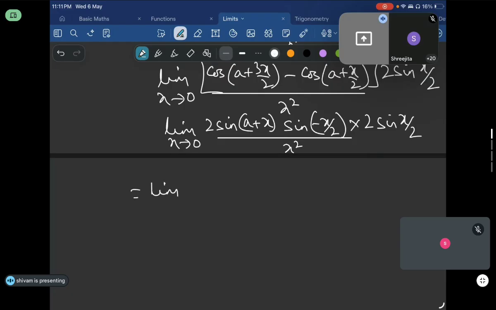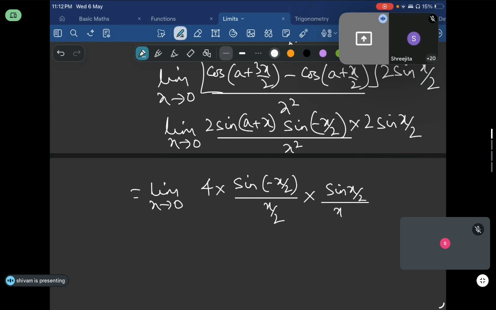So this will become limit x tends to 0, 4 into sine of minus x by 2 divided by x by 2, multiplied by sine of x by 2 divided by x by 2. And over here, since we have divided by 4, we need to multiply it by 4, multiplied by sine of a plus x.